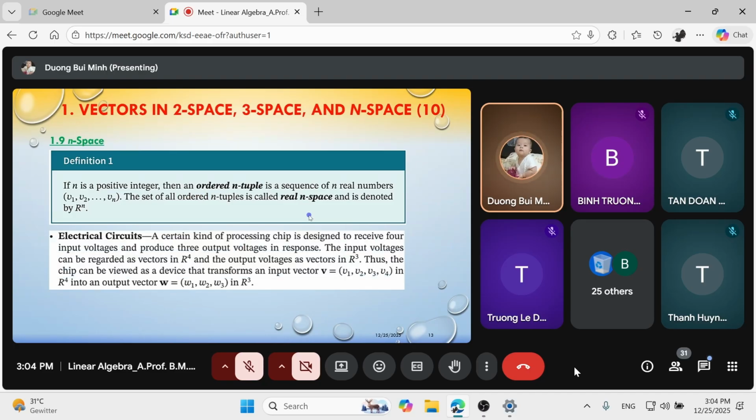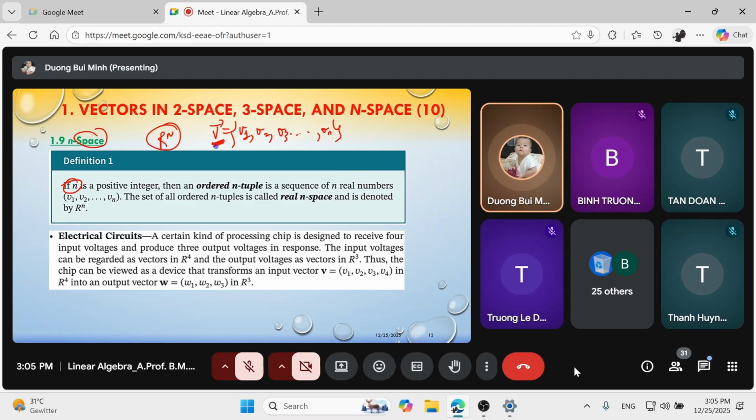So now we have n dimension. We have Rn. Rn means we have this space with n dimension. So any vector v, we can indicate we have element v1, element v2, element v3, up to element vn.